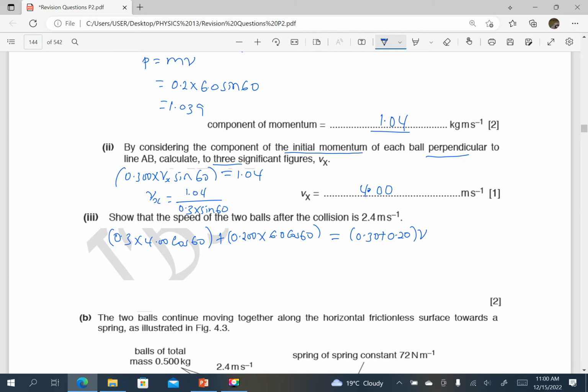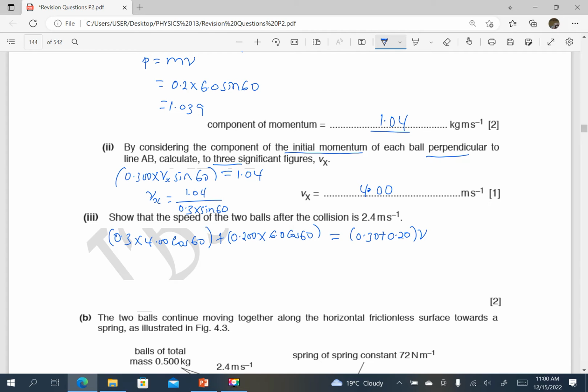I'll just simplify this on the left hand side. Open bracket, 0.3 times 4 cos 60 plus 0.2 times 6 cos 60, gives 1.2.